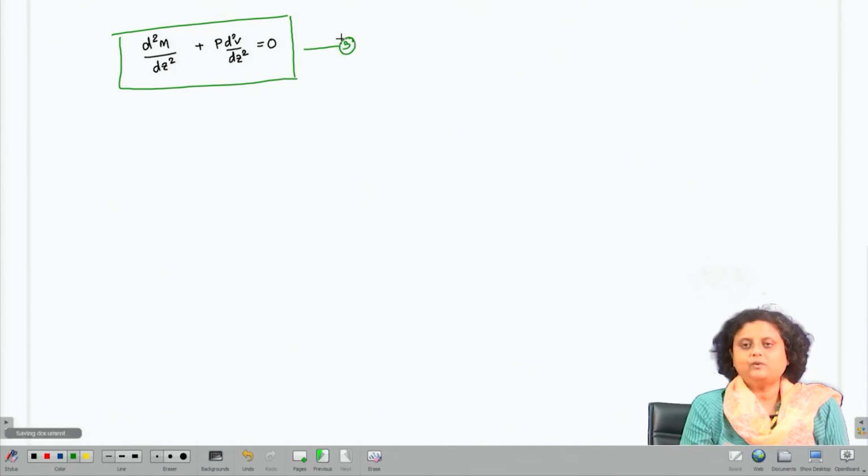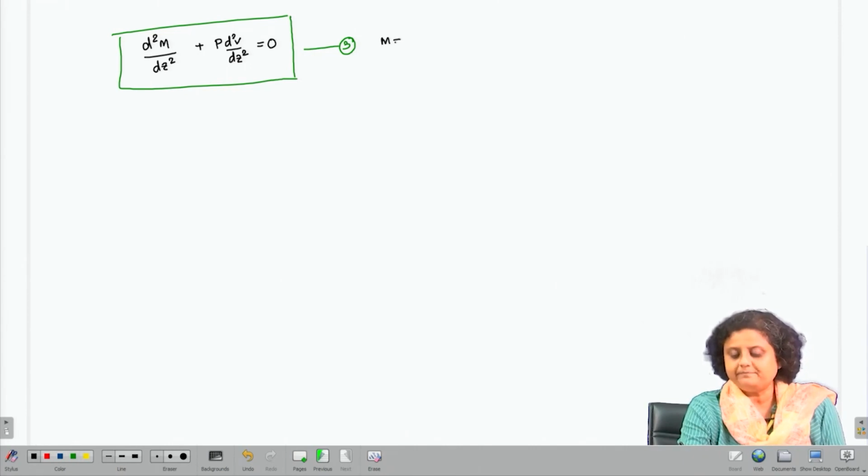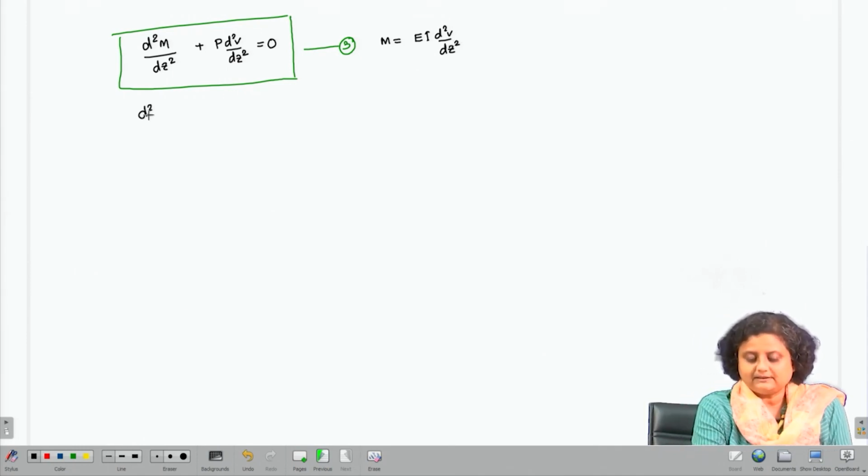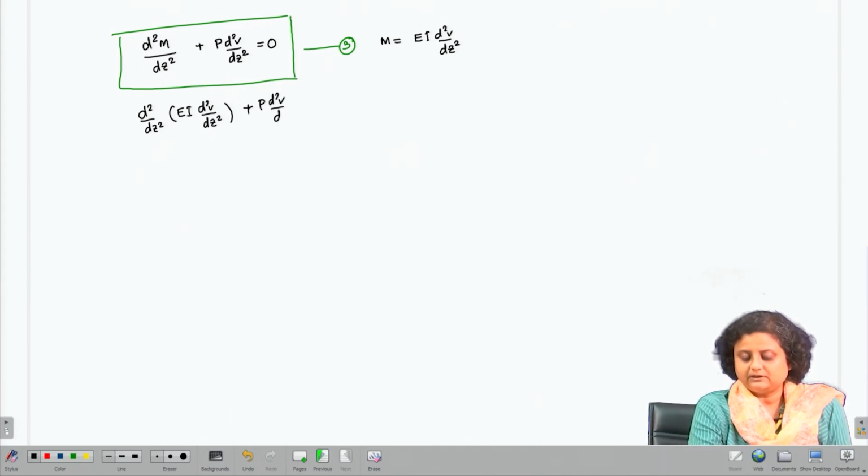Now, in this equation, we have also used previously that the moment M can be written as EI into d2v by dz square, because v is the transverse deformation or displacement. If that is the case, we can write this as d2 by dz square into EI into d2v by dz square plus p d2v by dz square, and that is equal to 0.